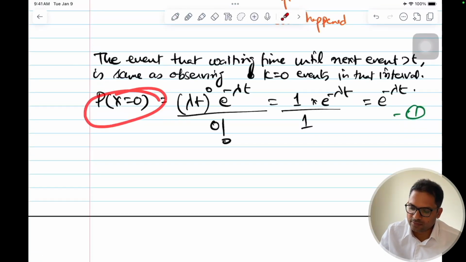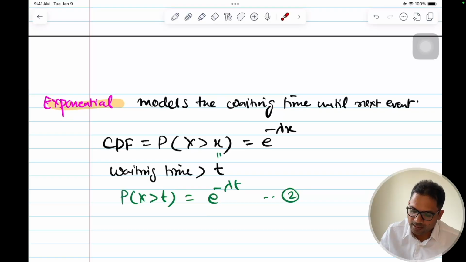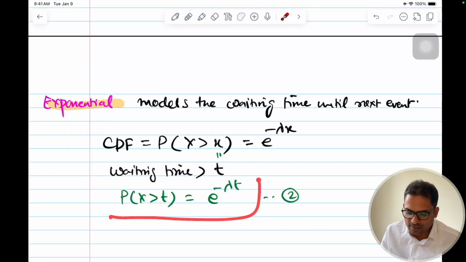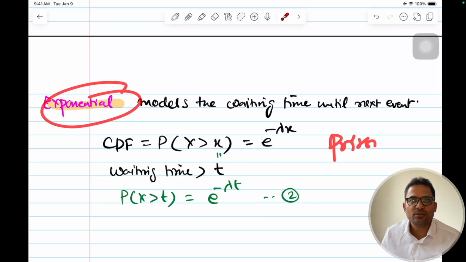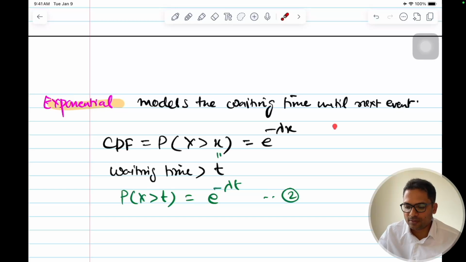Both give e to the power minus lambda t. This proves that Poisson and exponential distributions are just two faces of the same coin when no event happens in the given time. Both will give the same thing. I hope this is clear.